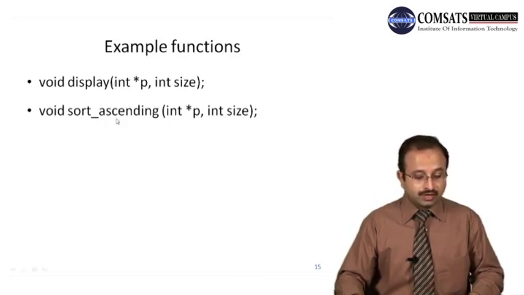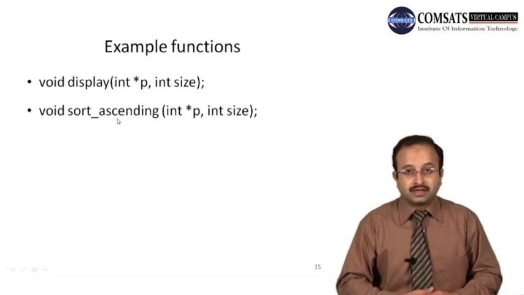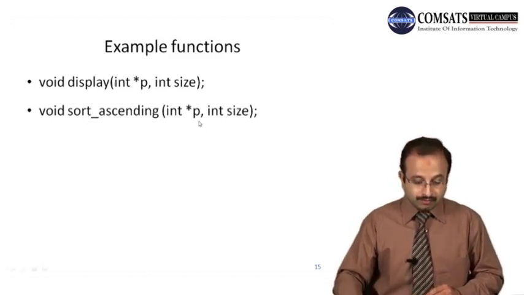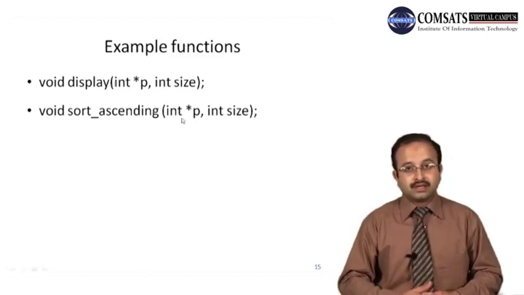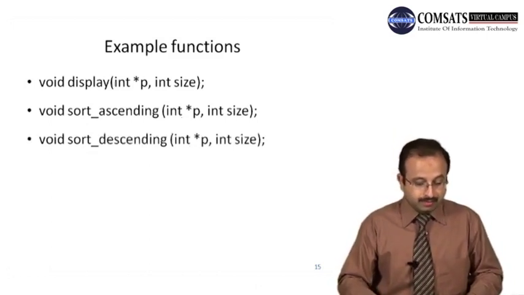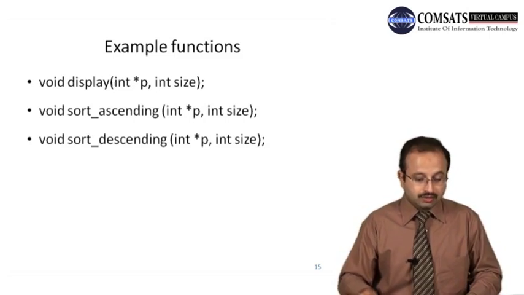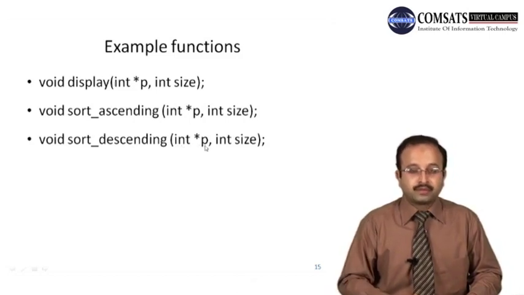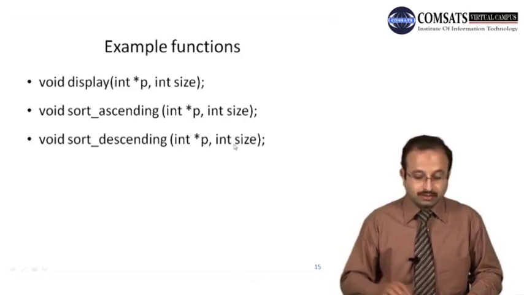So the sort underscore ascending function will make that array, whose base address is the first parameter, ascending order. Similarly, we have a function that will organize the elements of the array in descending order, and the address of the array is in the first parameter, the base address, and the size is the second parameter.